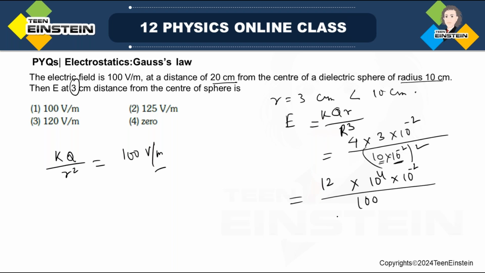Okay, so from here we can get actually the 2 will be from here. Somewhere I have done some mistake. I need to cross check.